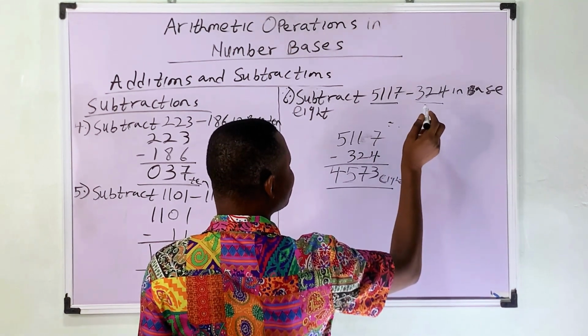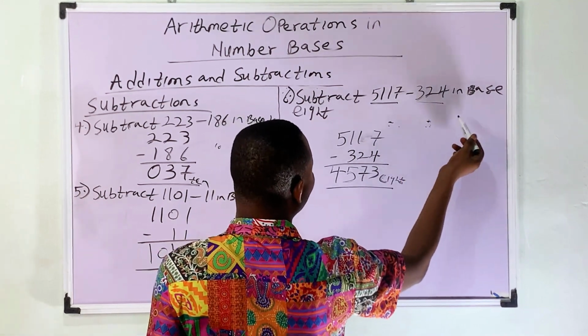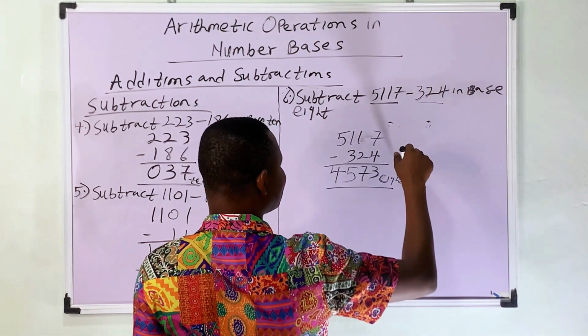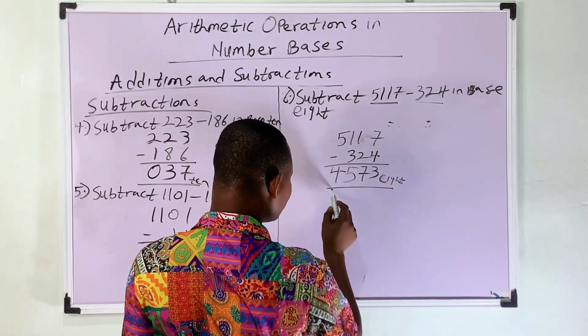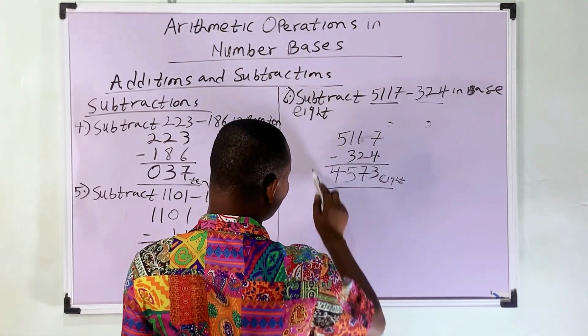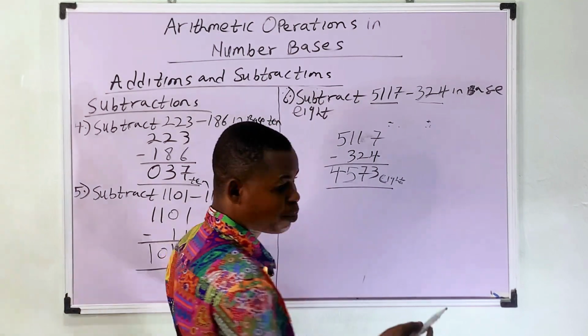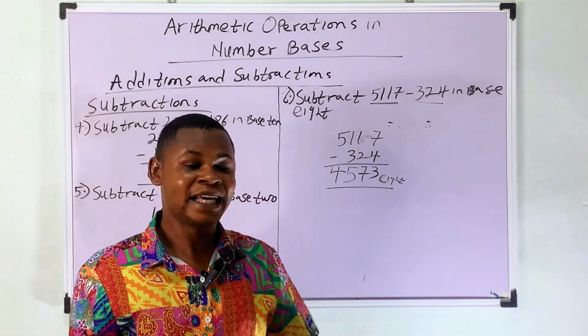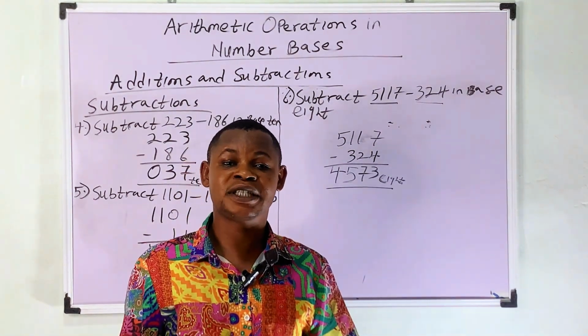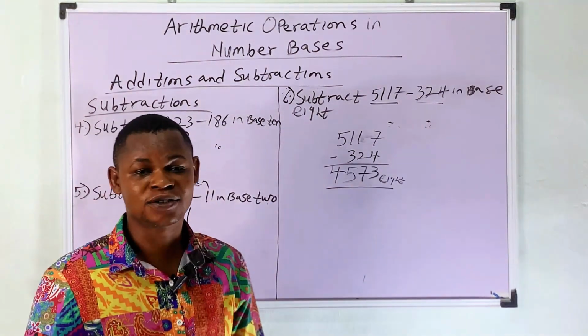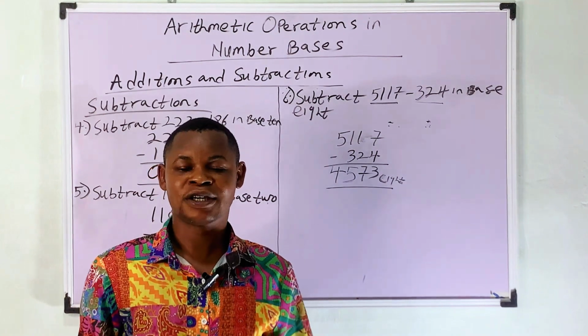The answer we get, we're going to convert back to base 8. If this procedure is correct, we must get this answer. But trust me, this explanation is just for us to be rest assured that our approach is correct. Nobody will want to use that.